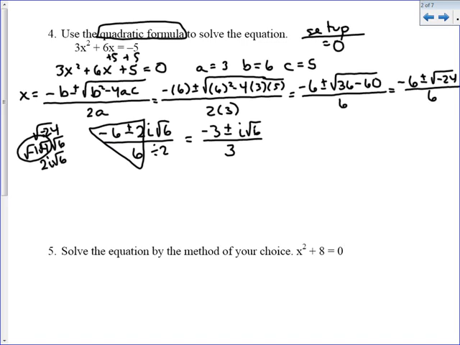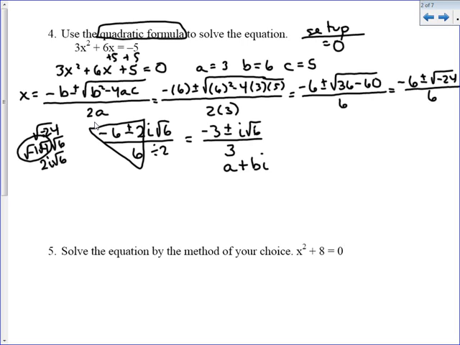Am I ready to box that answer? Why do you say no, Robert? You agree, Ashley? It's imaginary. We need it in the form a plus bi. This is a big mess of a and bi. So this actually goes back to the end of Unit 3 where we divided complex numbers. This one worked out to be more simplifying than I intended.